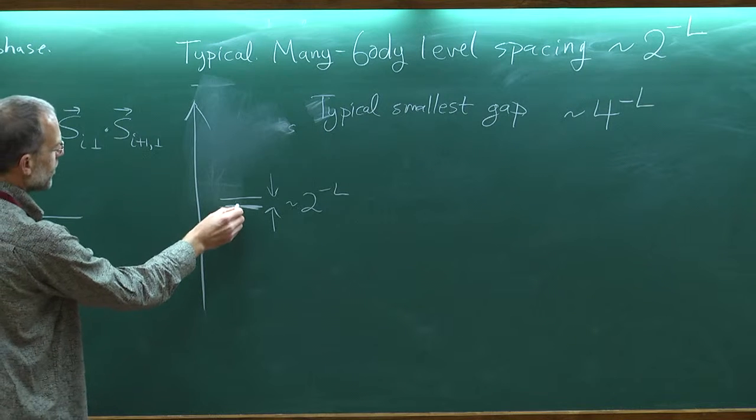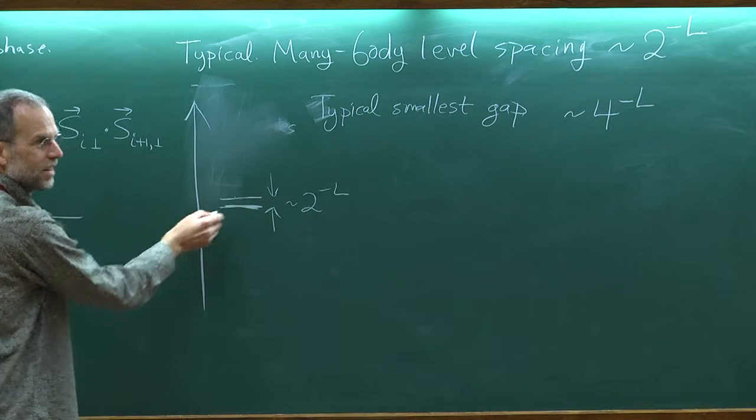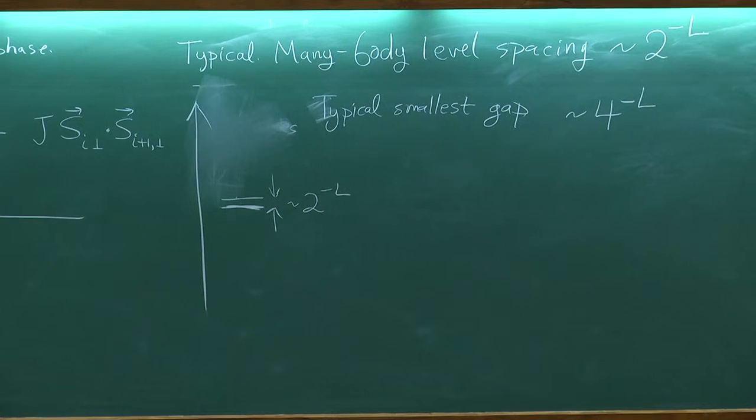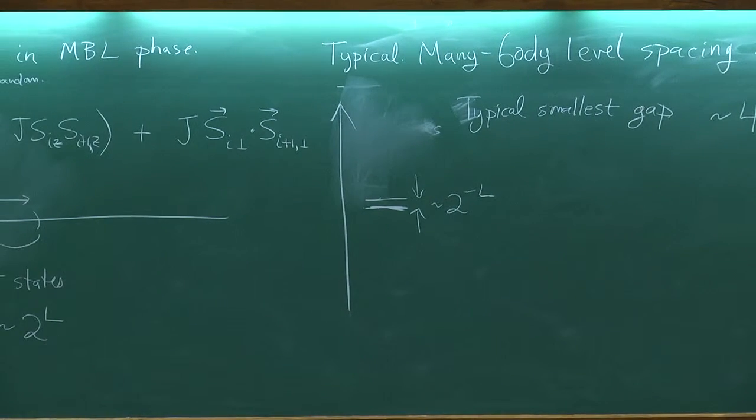If you ask how these two states differ, I've got L spins, and I've considered all states with them randomly up or down, and two states that just happen to be nearby in energy. They just happen to be nearby because these random numbers h_i on the spins that got flipped just added up to near zero.